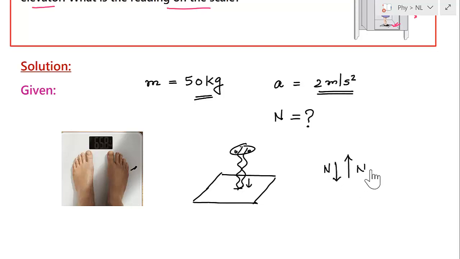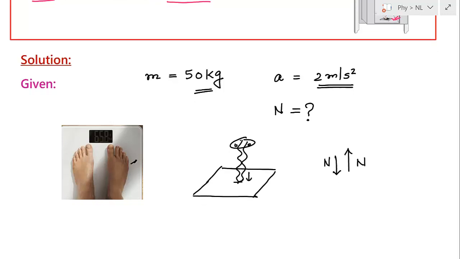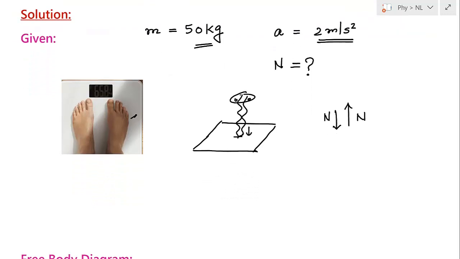That is the normal reaction N. And my target is basically to calculate the reading of the weighing scale. So what will the weighing scale measure? It will simply measure the force or the normal reaction that is applied onto this weighing scale. So basically the weighing scale measures the normal reaction and that's why the reading of this weighing scale is the normal reaction, and in this case we have to find the normal reaction.